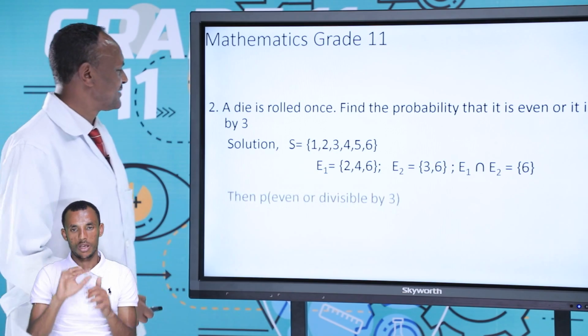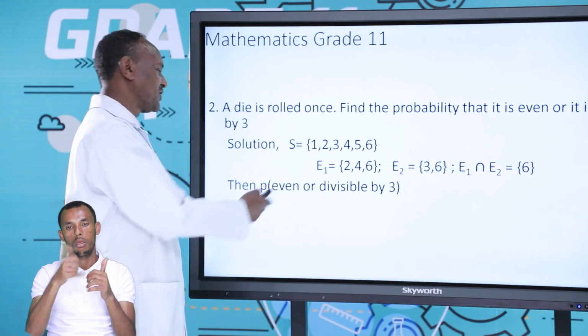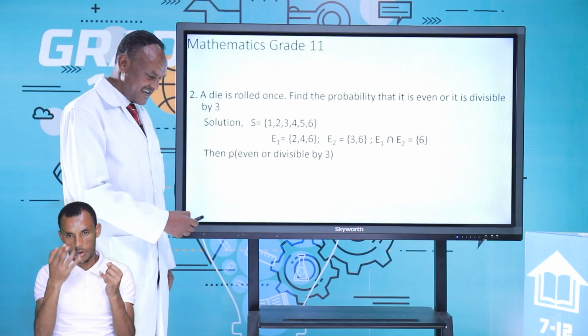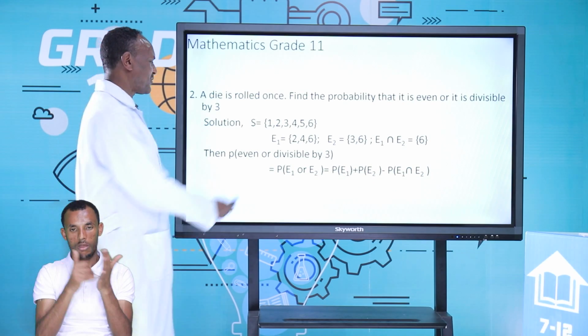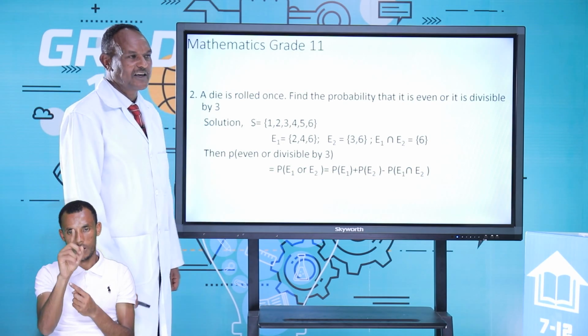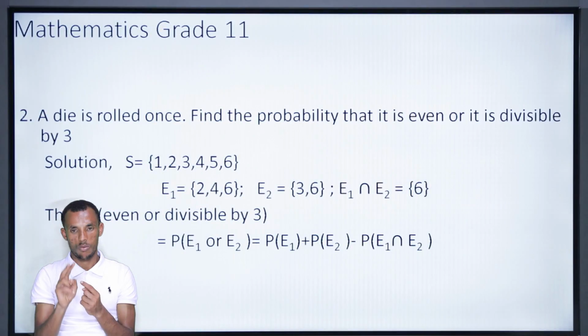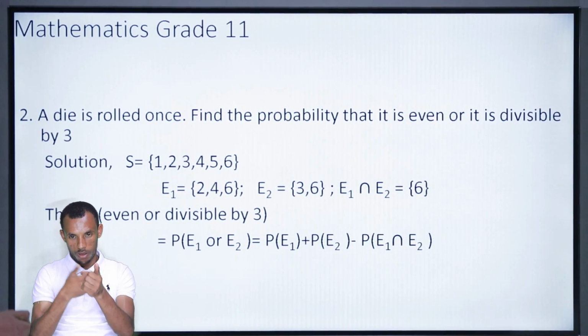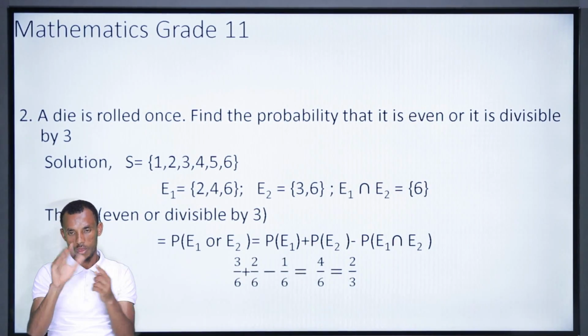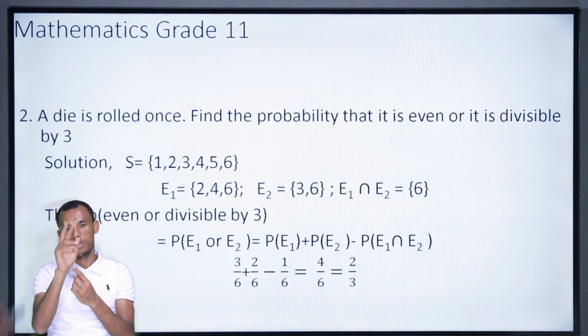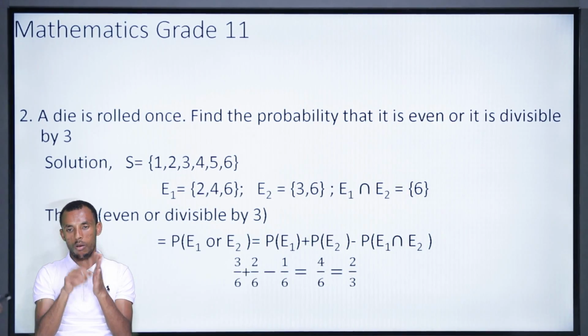Then how do you find its probability? The probability of even or divisible by 3 is equal to the probability of event 1 or event 2. Following the formula, probability of event 1 plus probability of event 2 minus their common element.